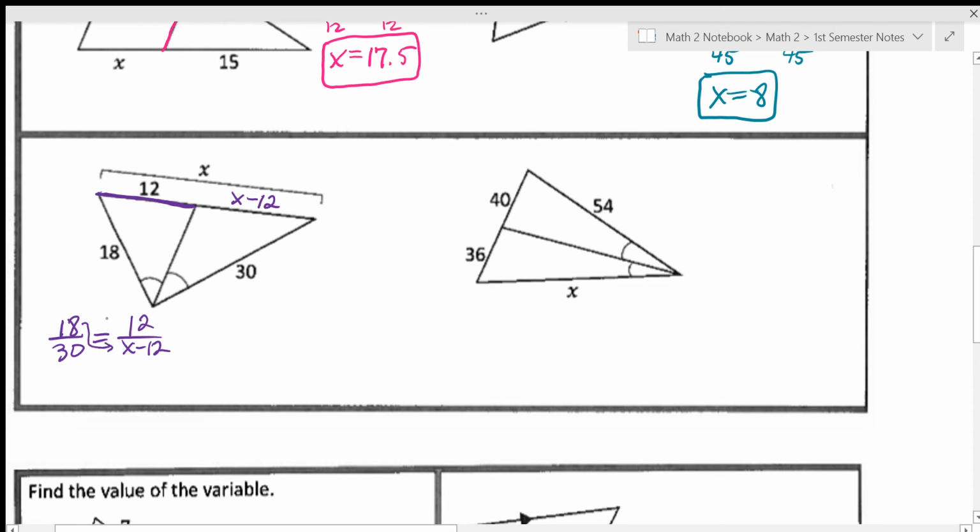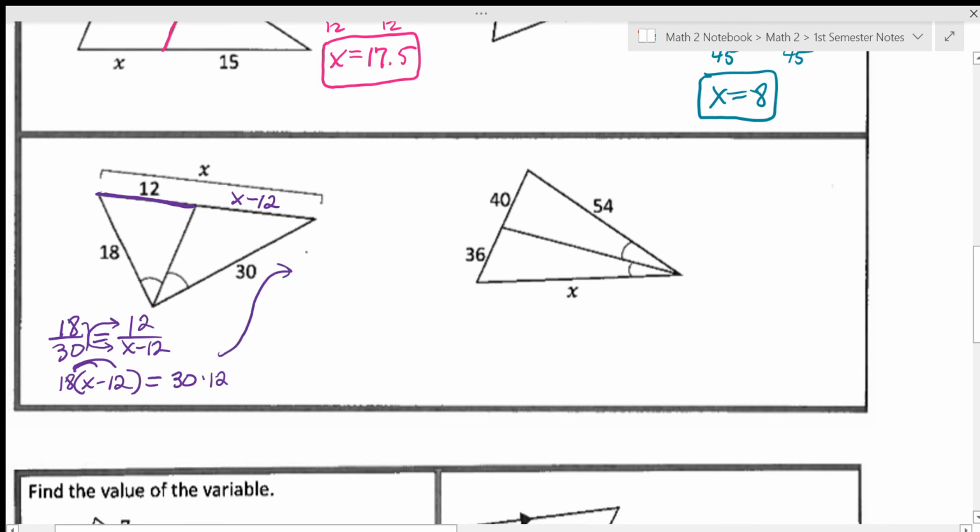And then again, I'm going to cross multiply. I'm going to get 18 times x minus 12, and I need to make sure that both the x and the 12 get multiplied by 18 there. And then I have 30 times 12. So when I distribute the 18, I'm going to go ahead and move my work up here.